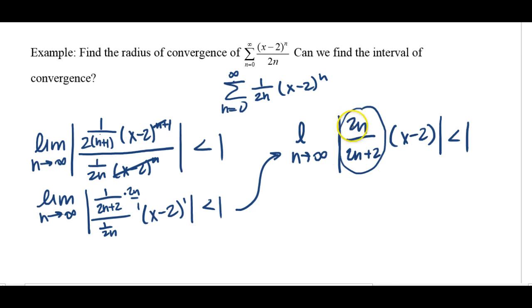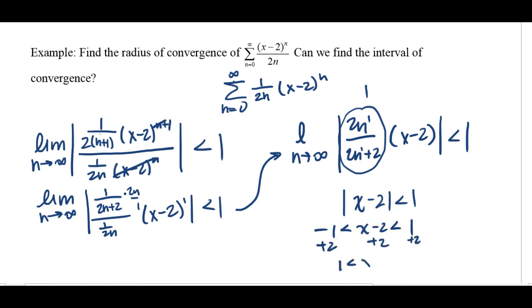The powers match and the leading coefficients match, so this portion becomes a 1. So I'm going to drop the limit, and this is really just absolute value of x minus 2 is less than 1. So negative 1 is less than x minus 2 is less than 1. And if I add 2 to all pieces, I'll get 1 is less than x is less than 3.